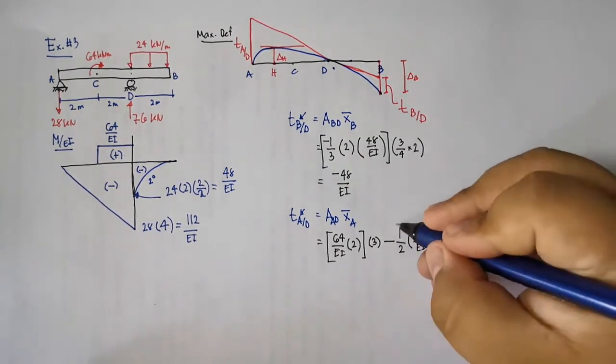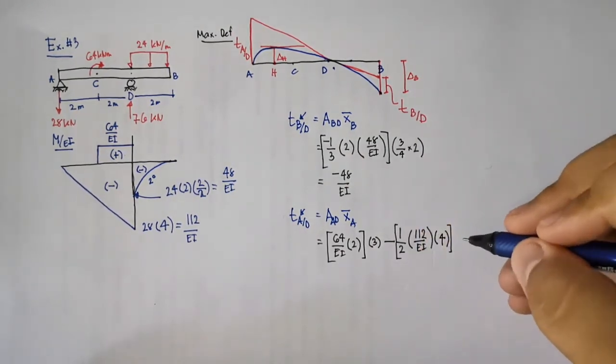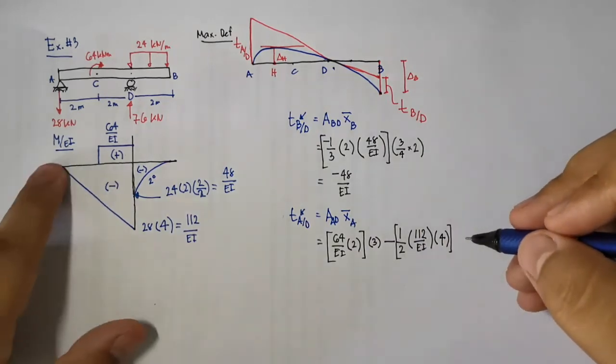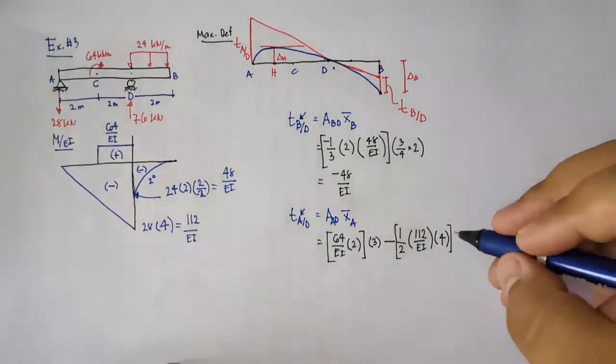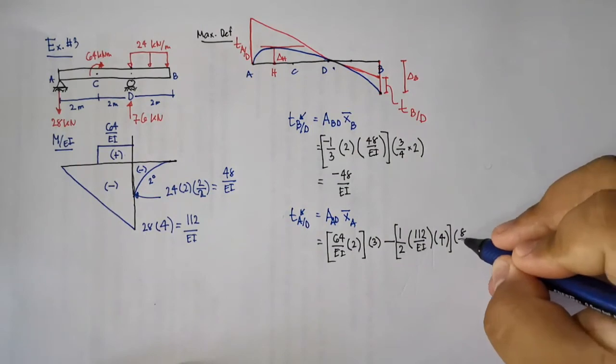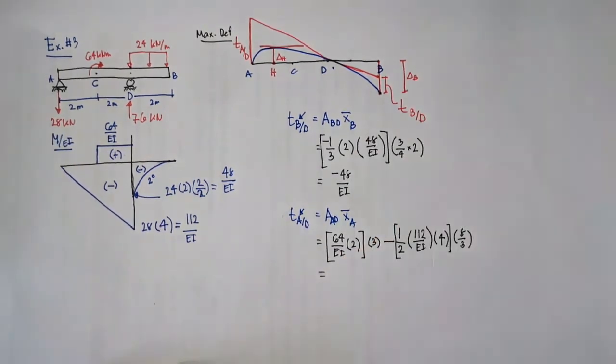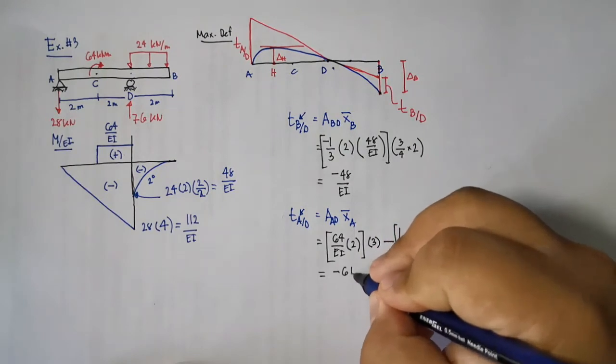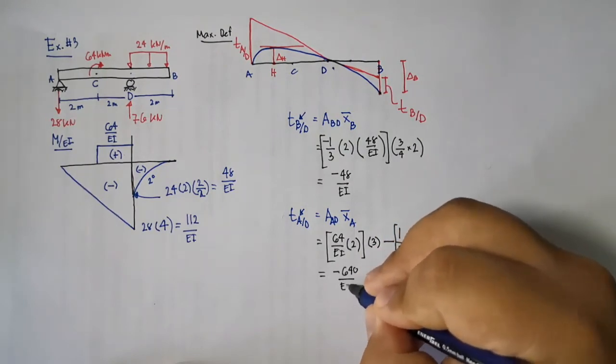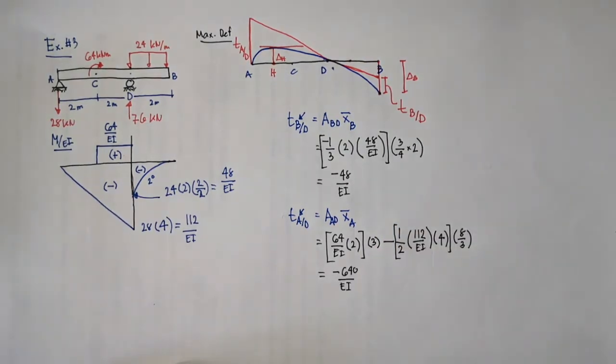That is the area. X bar A is 2/3 of 4, so that would be 8/3. Okay? If we compute this using our calculator, TA with respect to D would be negative 640 over EI. That is only TA with respect to D.